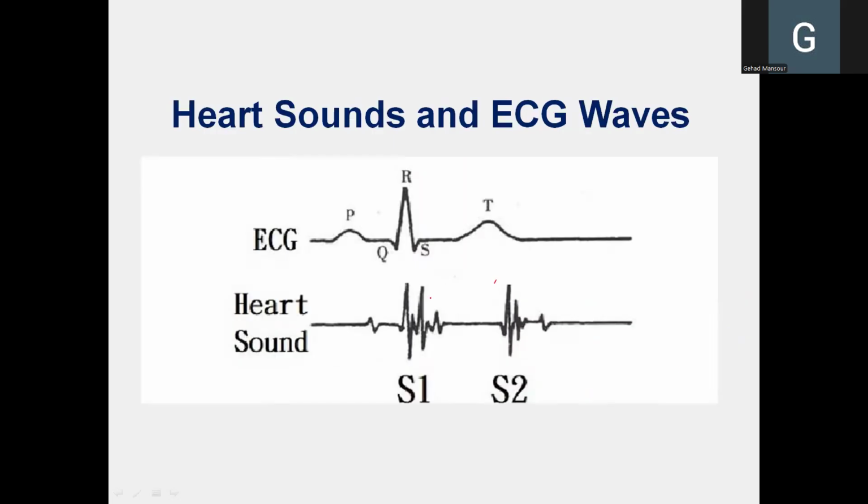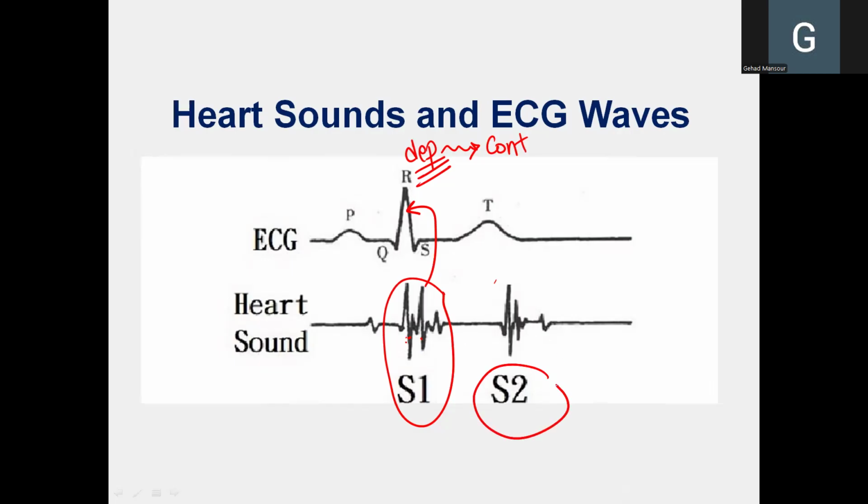Here you can see that the S1, which occurs at the beginning of systole, is just preceded by ventricular depolarization. And this is normal because depolarization and generation of electric impulses on the ventricles should precede the contraction and should precede the closure of the atrioventricular valves.